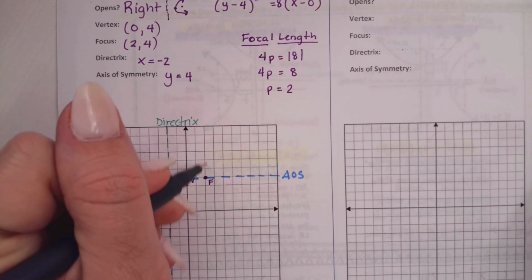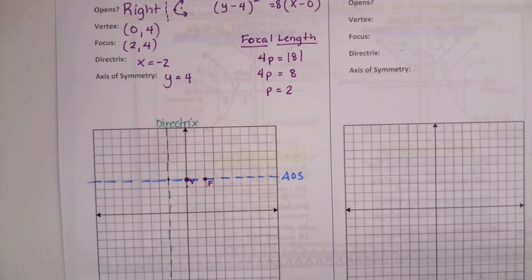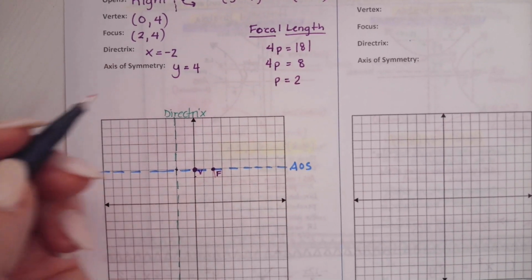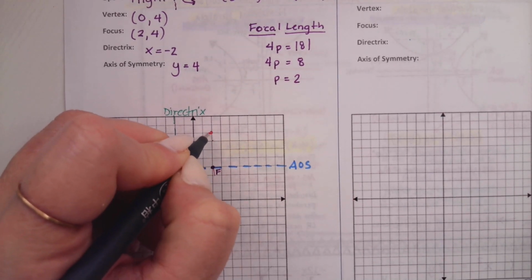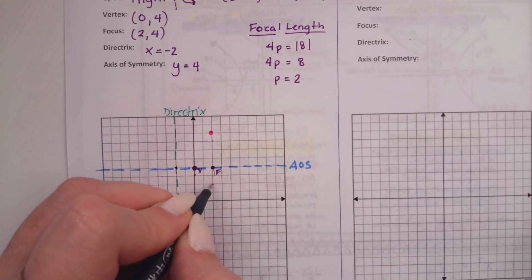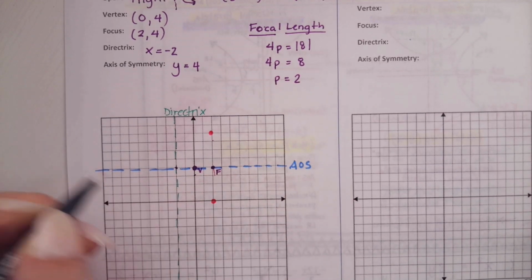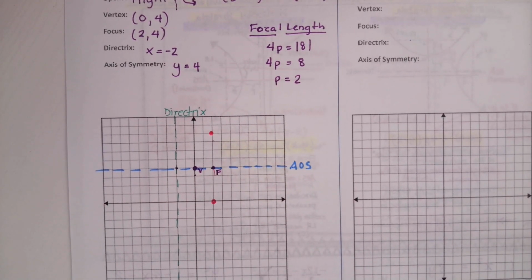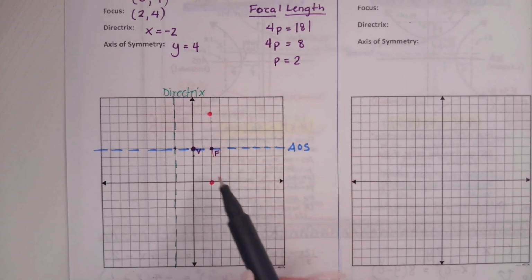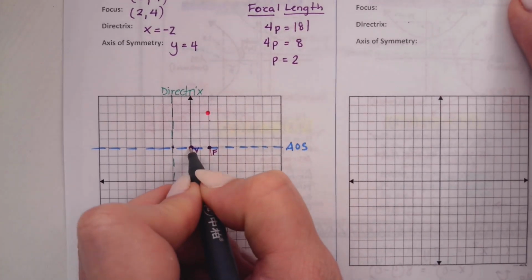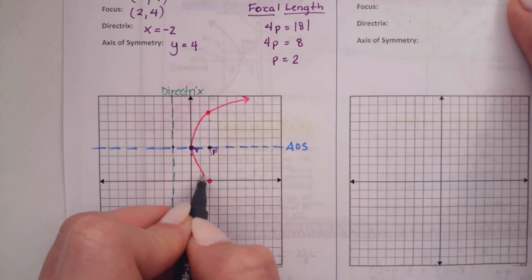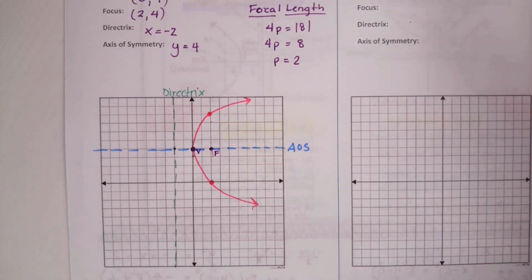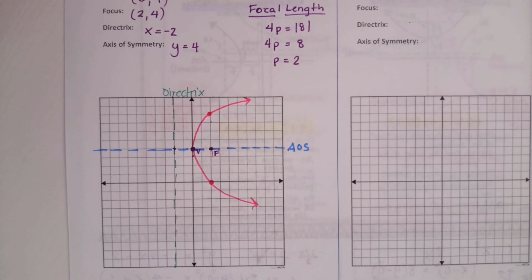So that means 4 up and 4 down in that focus. 1, 2, 3, 4. 1, 2, 3, 4. Which gives us 3 points that we can use to graph this right-facing parabola. Beautiful.